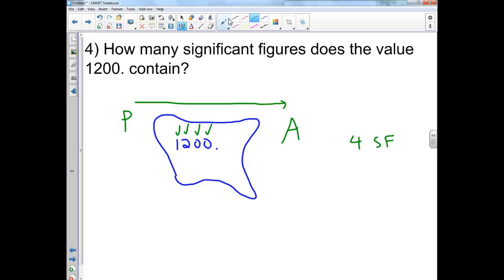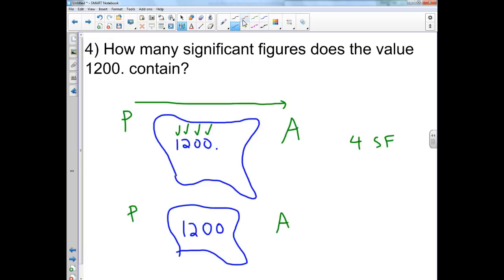Now, if instead this had been the number 1200 with no point, right? Here's my US. It's also how I draw teeth, by the way. The tooth looks the same to me as the US. Okay, now if I write it this way without the point, the decimal point is absent, so I have to start over on the Atlantic side.